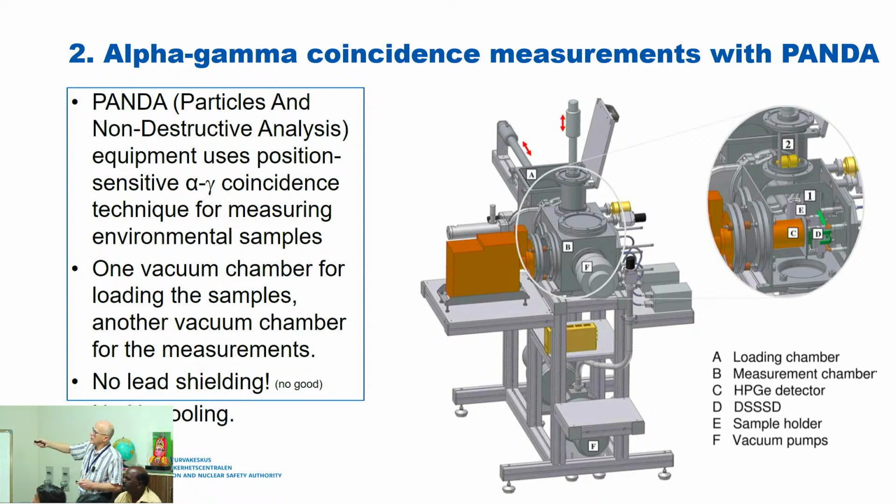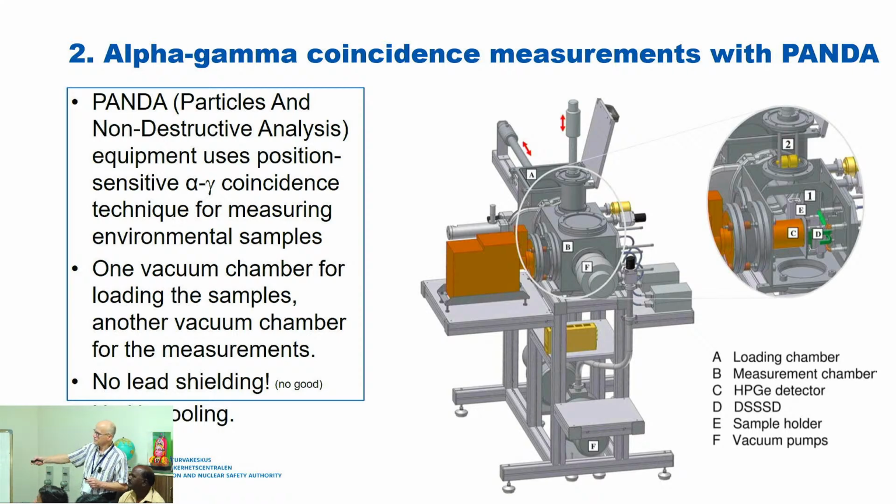You cannot see the sample, but it goes this way into this vacuum chamber. And there is another vacuum chamber for the measurement, this one. In this case, there is no lead shielding. Why? All right, you will see it. Which is in fact not a very good thing in practice.